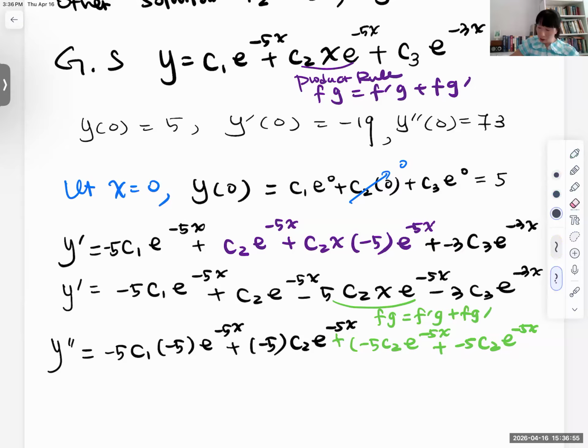Hold on one second. Let me clarify this one. f prime, yeah. Okay, we did g correct, right? And then f, we rewrite this one, g prime, this one, and -5 times, right? So -5 c sub 2 x e to the -5x, then -5.